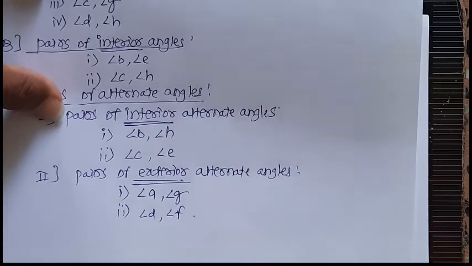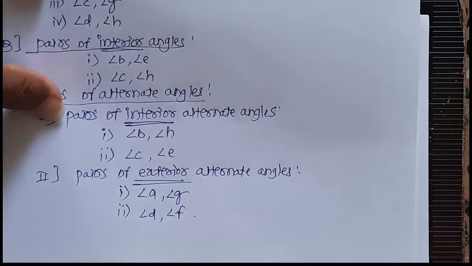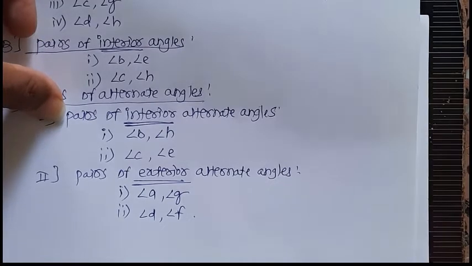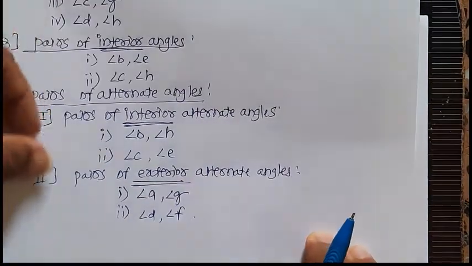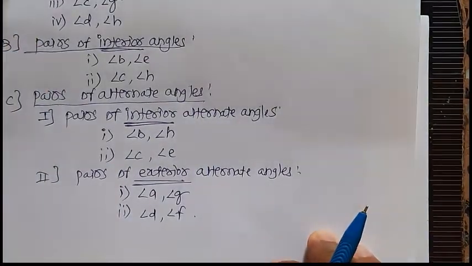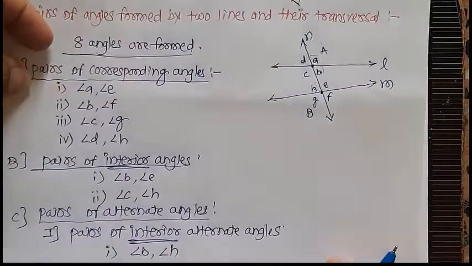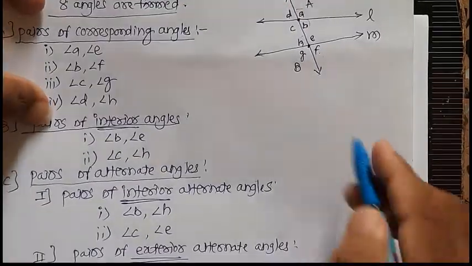So these are the three pairs we have to write using the 8 angles obtained due to the transversal of the given two lines. Sometimes we are asked to write those pairs of angles, and the figure is given like this.